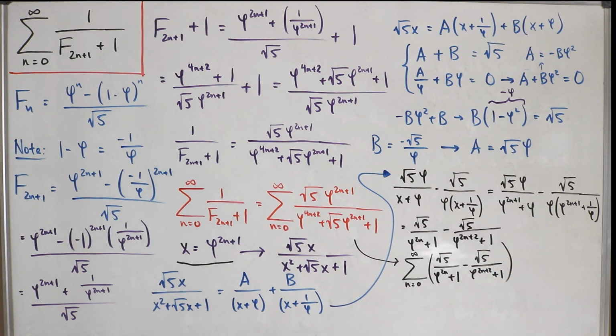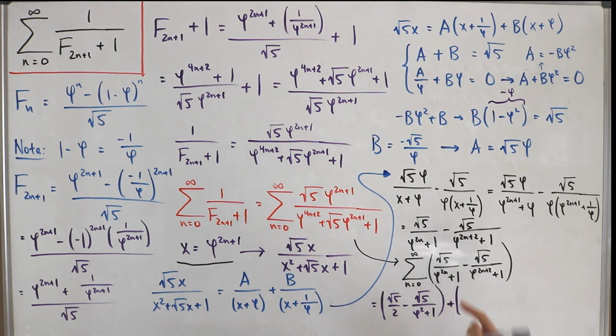Okay, so lastly, all we have to do is expand this term out, so let's put down a couple of numbers and do things one at a time. The first term we'll have is the square root of 5 divided by 2, then subtract the square root of 5 divided by phi squared plus 1.